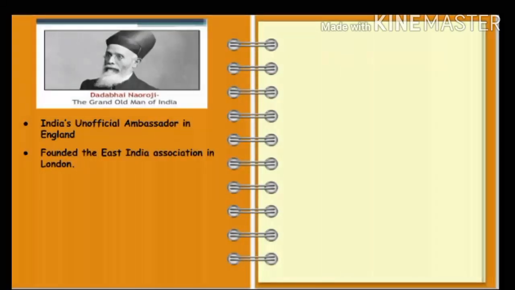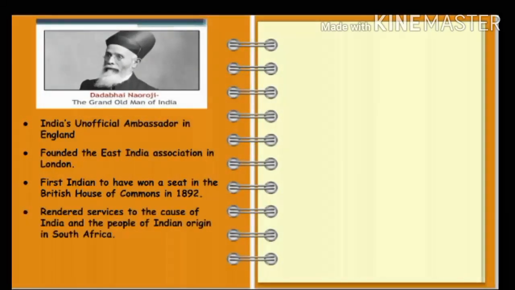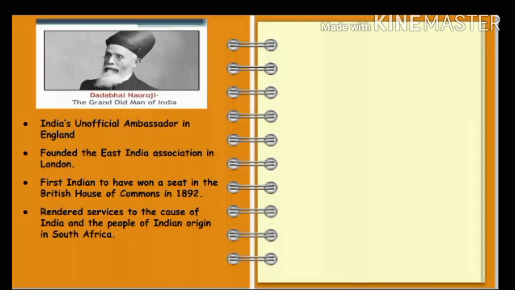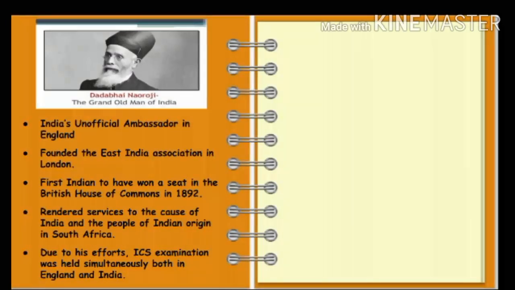He was the first Indian to win a seat in the British House of Commons in 1892. He rendered services to the cause of India and the people of Indian origin in South Africa. It was all due to his efforts that the ICS examinations were held simultaneously both in England and India.